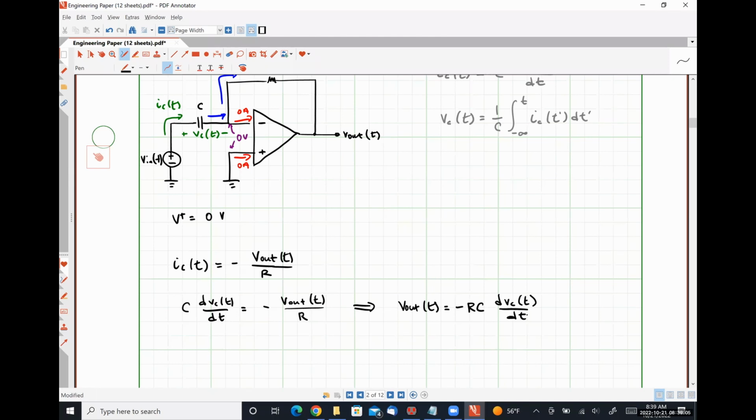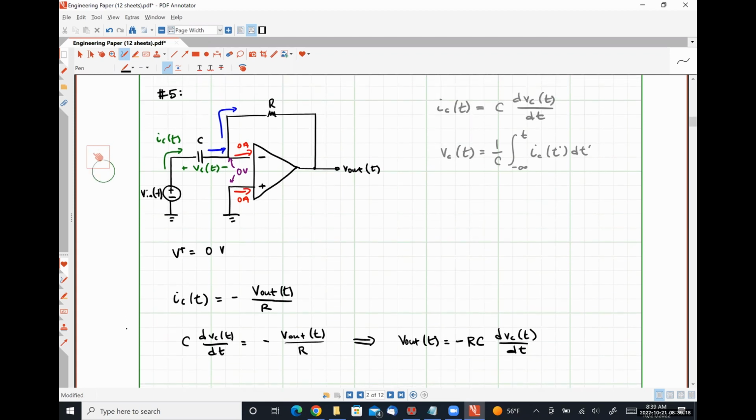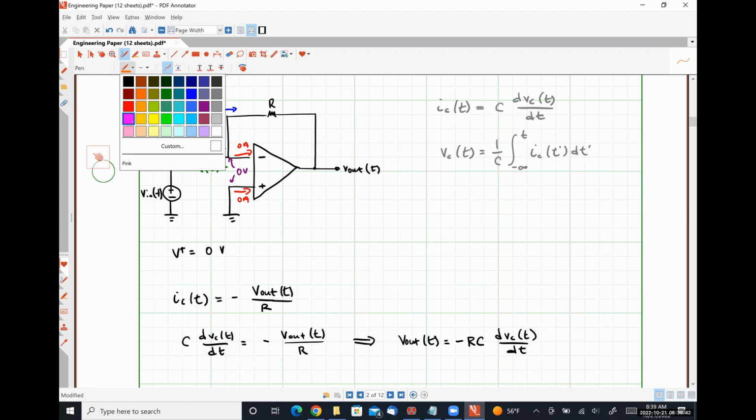So the last thing that we need to do here, because we're trying to figure out what the output is as a function of the input, is relate our capacitor voltage VC of t to our input voltage. So what is that relationship? Our input voltage is the voltage present between this node and ground.